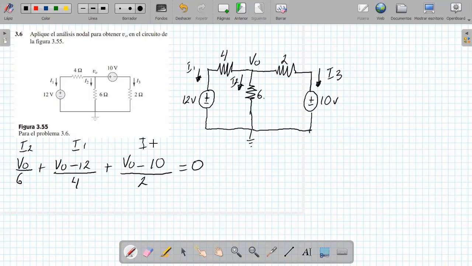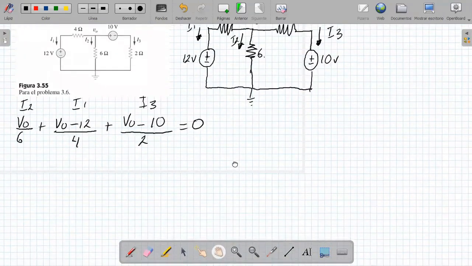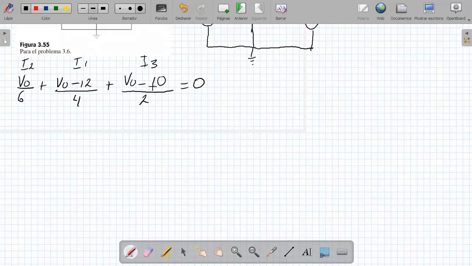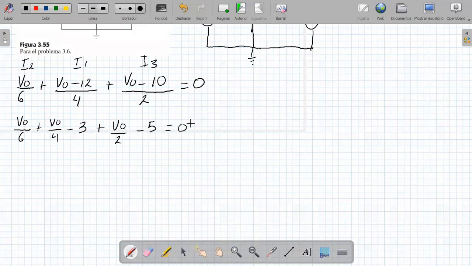With the currents set up, the only thing I have left is to apply algebra. I have here V sub 0 over 6 plus V sub 0 over 4 minus 12 over 4, which would be 3, plus V sub 0 over 2 minus 10 over 2, which would be 5, equal to 0.